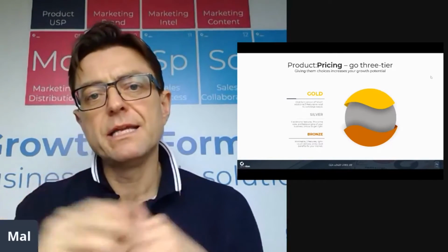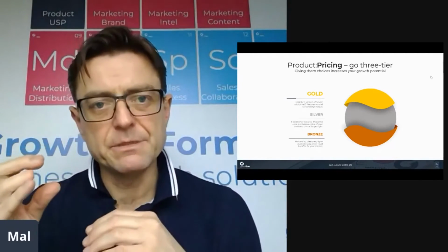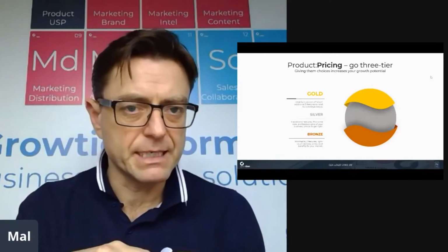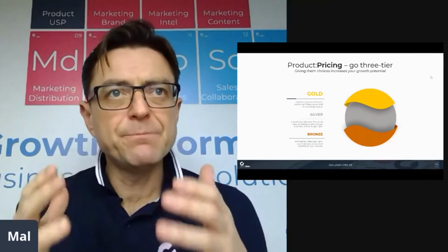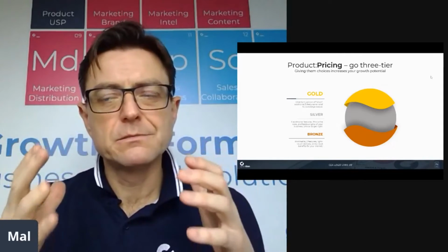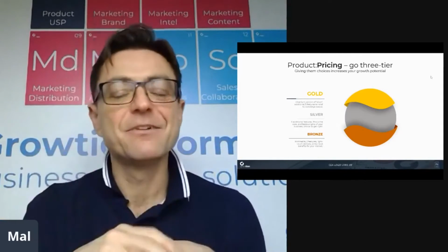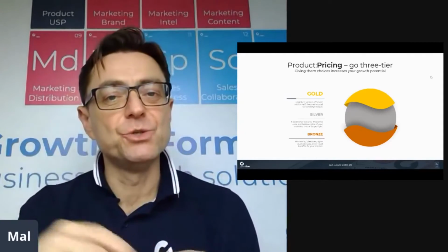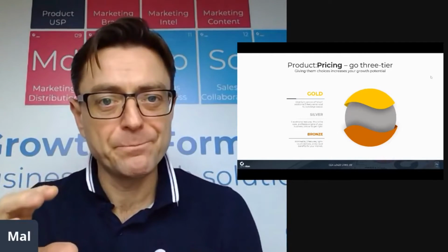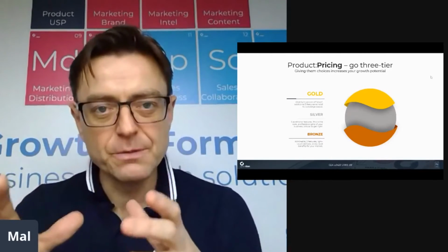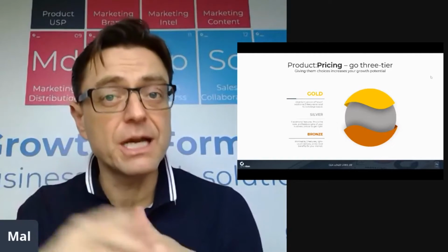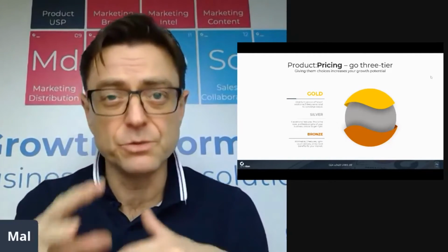The reason why it's framed by a gold and a bronze package is that people in general will most frequently, rather than always, choose a middle path. All right. In general, people don't want to be too flash, and in general, people don't want to be too cheap.